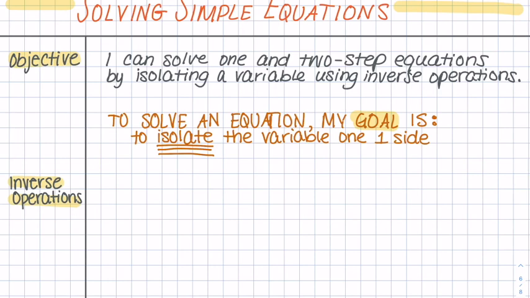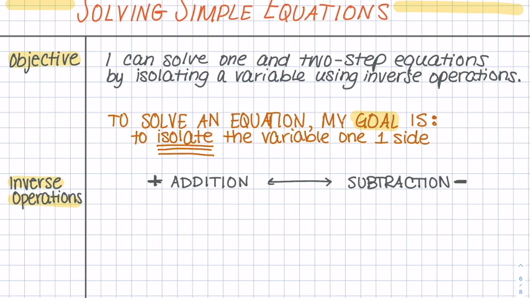It's just opposites. So the inverse operations that we know is if I have addition, okay, if I have addition, the inverse of addition is subtraction. And the inverse of subtraction is addition. They can go both ways. Okay?